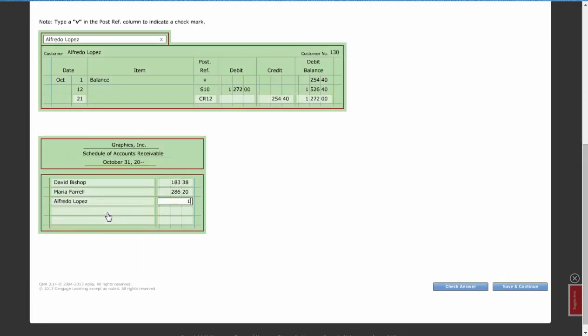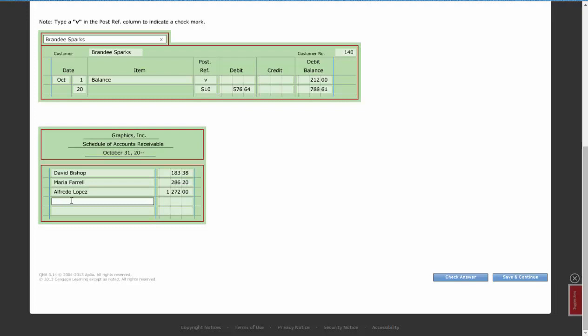Next account, which has a balance of $1,272. Now, last account, which is Brandy, $788.61. Now, what's that?